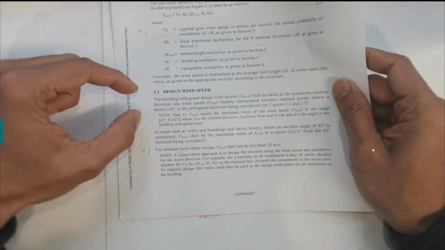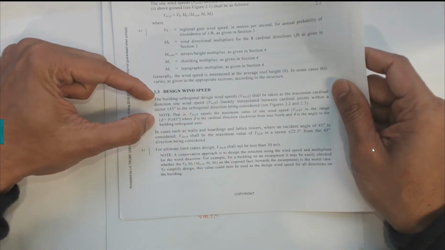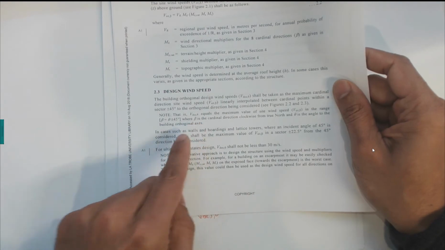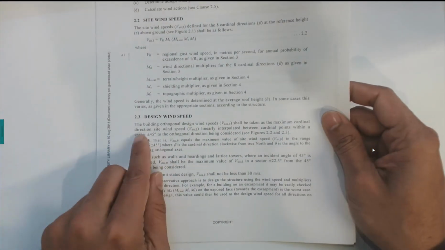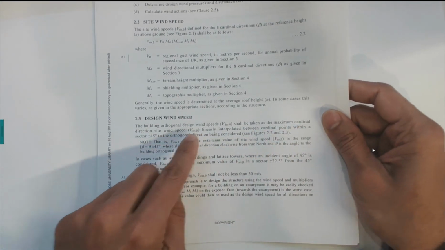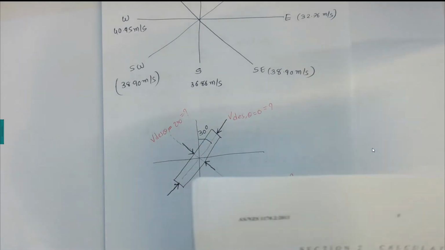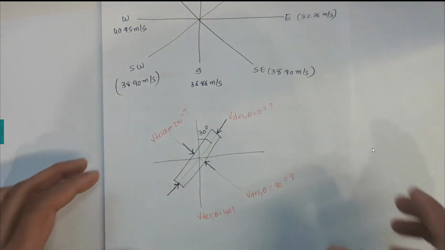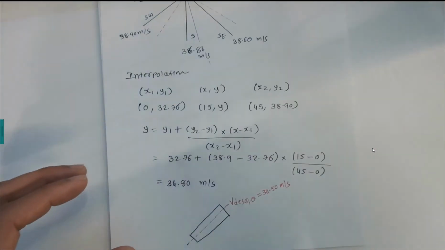It gives these 3 lines to explain how the orthogonals work. We just need to find these 4 orthogonal directions, and it should have the maximum cardinal direction site wind speed. So we need to find the maximum value among these 4. Now how are we going to find these values? That is explained here.